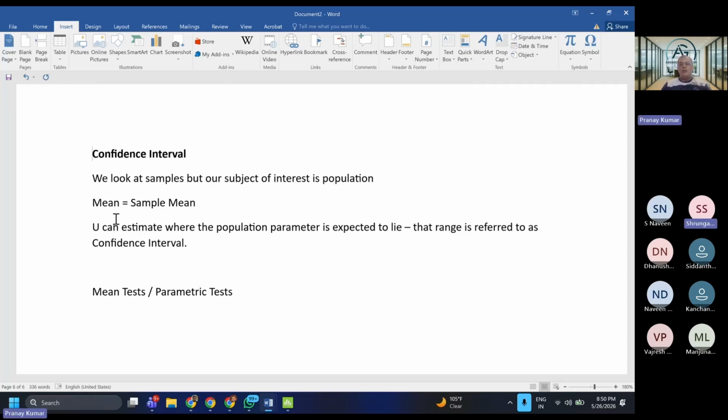So, sir, that means we have the sample data. Yes. Sir, I have the same question. If we are using sample data, then how is Minitab coming up with these numbers, addressing the population? Calculation is very simple. I will talk to you about that. Margin of error. That is basically our question, because we are addressing the population, but we are not having that data.